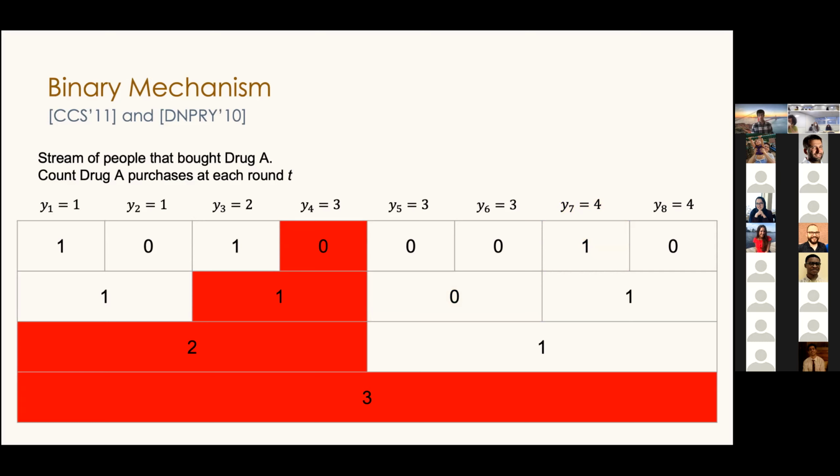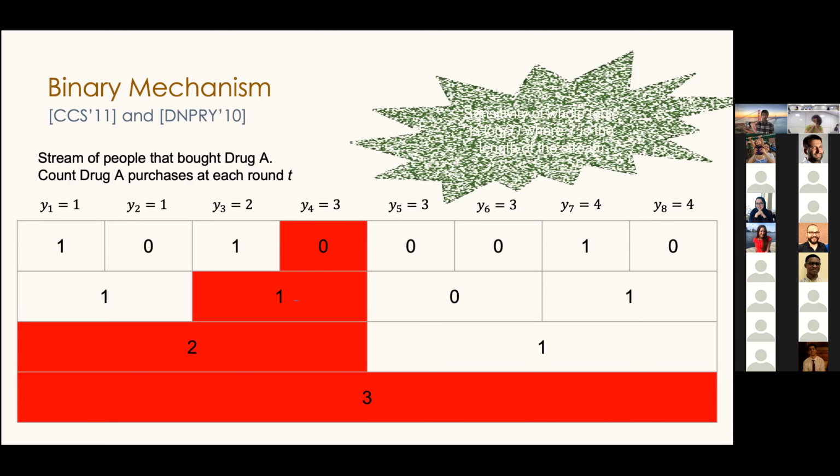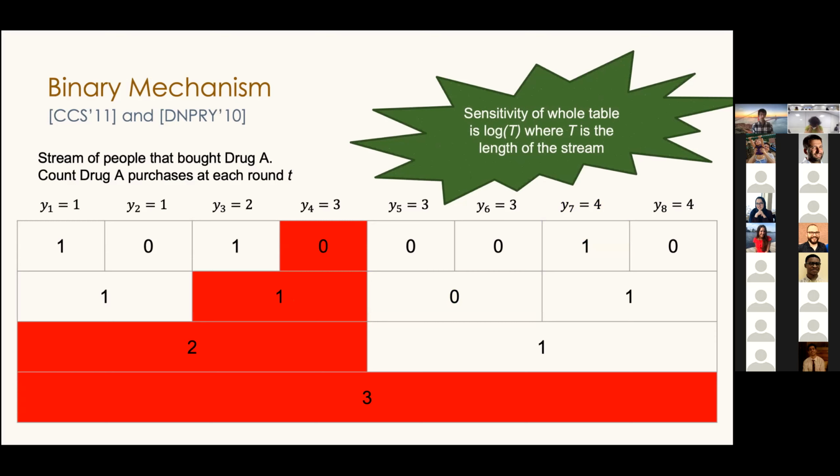So the sensitivity of this whole table is only the log of the full length of the stream, because I can only modify along the height of this binary sum tree.